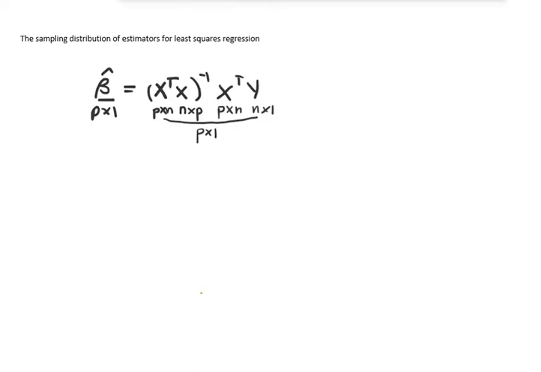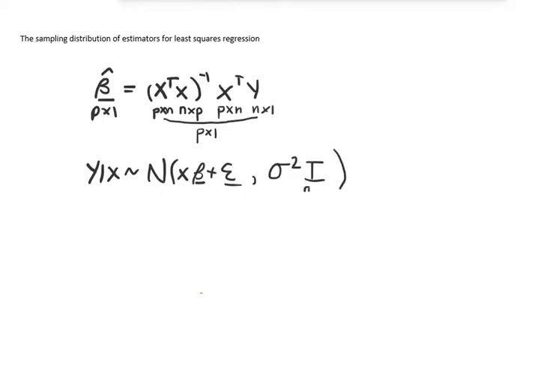The other assumptions that I have is that y given X is distributed normally with mean X beta plus epsilon, where beta is a vector, epsilon is a vector, and it has variance sigma squared times the identity matrix, which is an n by n matrix.